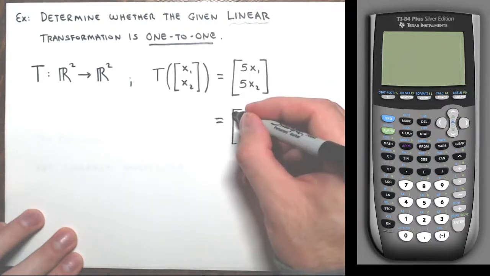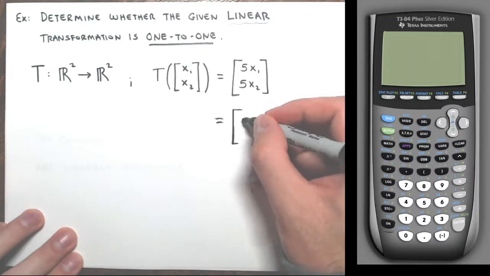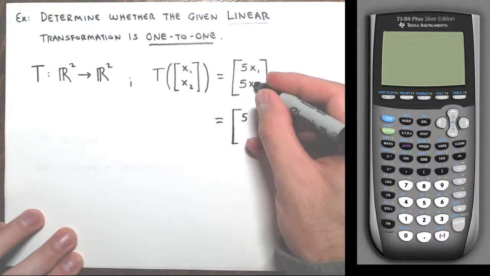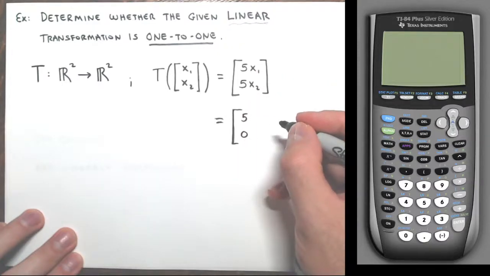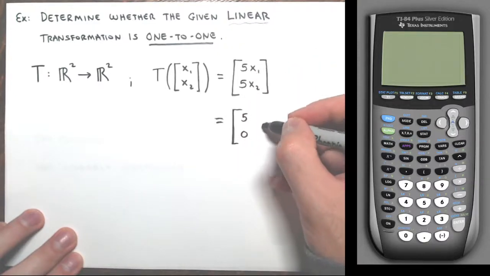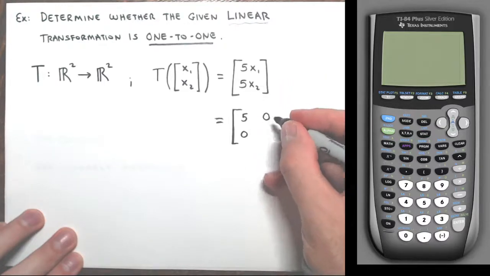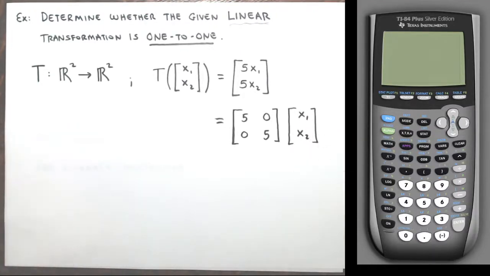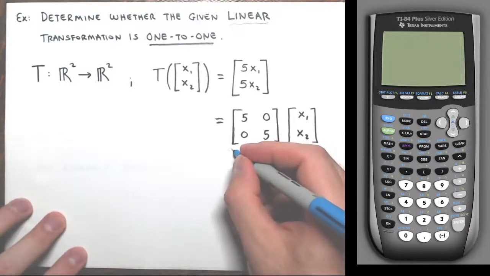I can set up a matrix where down the first column, I have the coefficients of x1, so 5 in the first component and 0 in the second. And then down the second column, the coefficients of x2, 0 and then 5, times the input vector x1, x2. And there's the standard matrix, this 2x2 matrix right here.